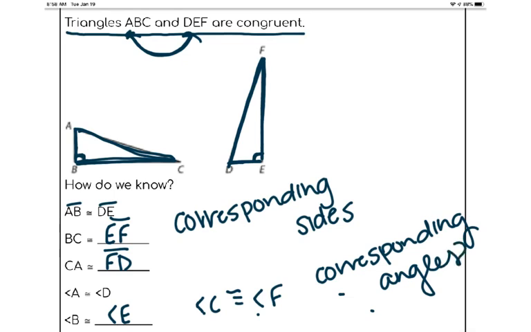So we know these two triangles are congruent because their corresponding sides are congruent and their corresponding angles are congruent. That's exactly what CPCTC means: corresponding parts of congruent figures or triangles are congruent.